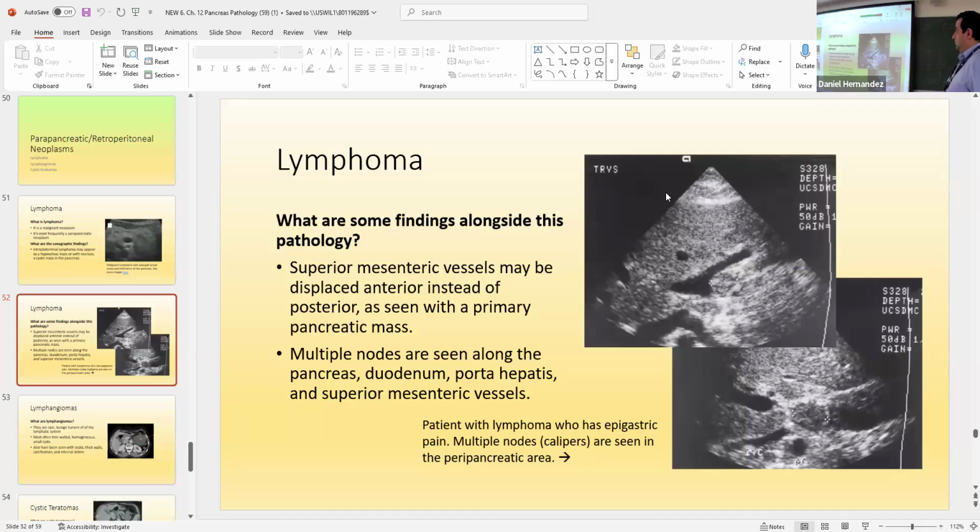Since lymphoma grows within the retroperitoneal space, it distorts some of the vessels. So the mesenteric vessels may be displaced anteriorly instead of posteriorly, because that mass is growing from deep within and pushing forward, pushing upwards. Multiple lymph nodes are seen along the pancreas and duodenum at the level of the porta hepatis.